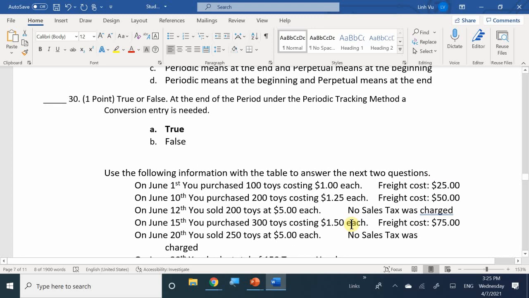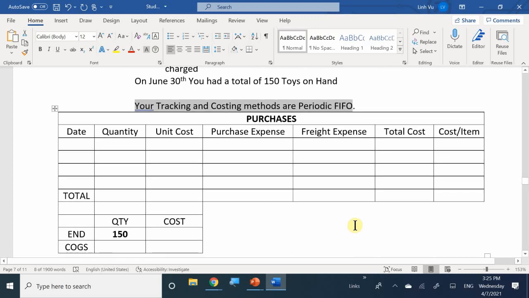On June 1st, you purchase 100 toys costing $1 each with the freight costing you $25. So what do we do? The date will be the first.